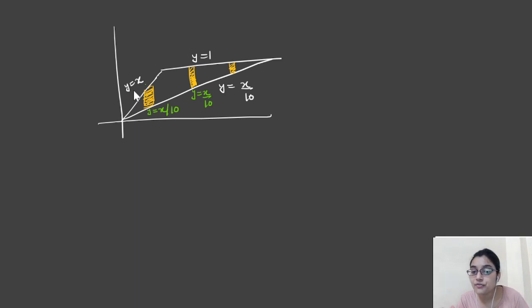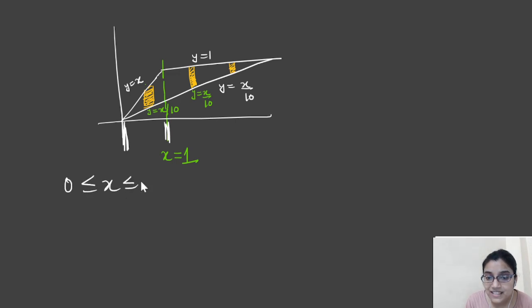If I shift the strip from one place to another place in the region, the division takes place from x equals 1. Now you observe one thing. If I am under this region, which region? From here to here, that is from x equals 0 to x equals 1, from left to right.